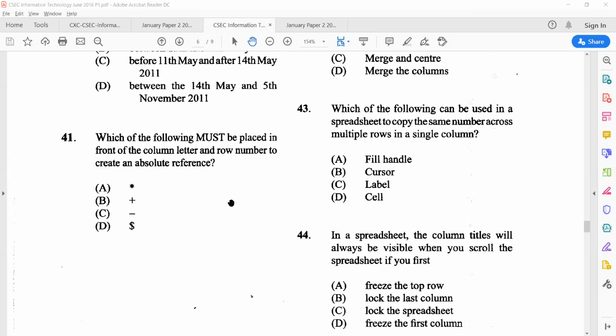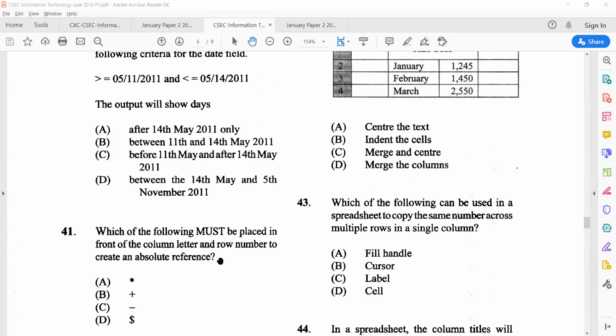Right. So the answer for this is the $ sign, which is D. Remember, we use the $ sign for absolute referencing. Okay. All right. Let's move on.